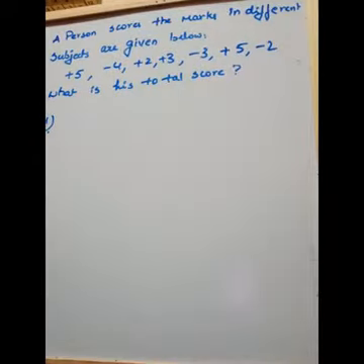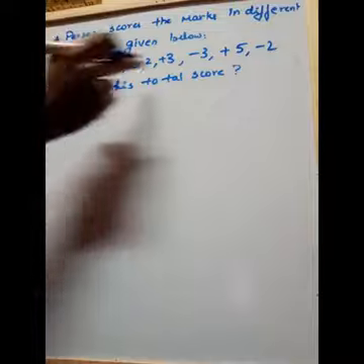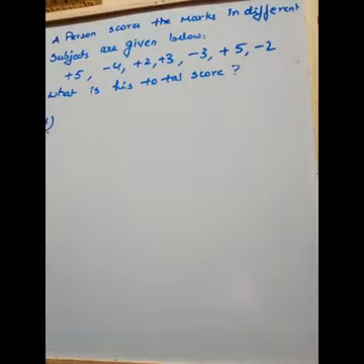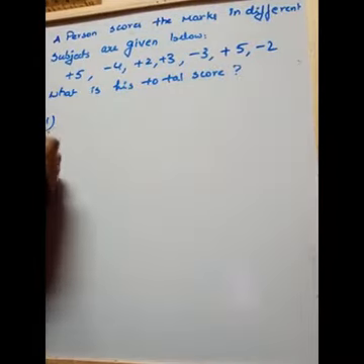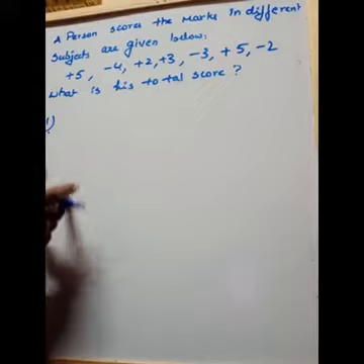Now he is asking what is his total score. Total is nothing but addition. So if you want to find his total score, you have to add all subject marks. Right? Now how will you start the question? By writing the given data.